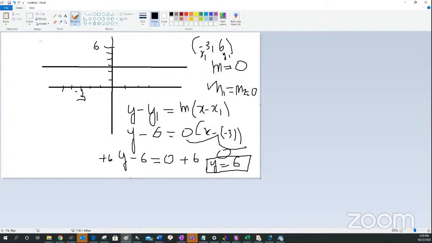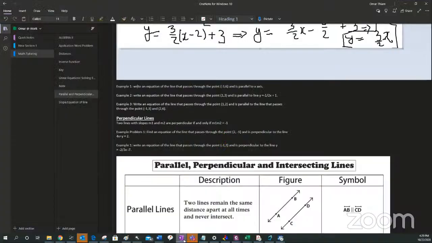So, all right. Now let's move to example number 2. We did number 1. Let's try that for 2 minutes, Anastasia, or anybody online. Then we will do example 3. Then we'll move on to perpendicular as well.